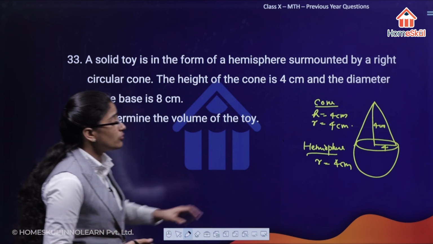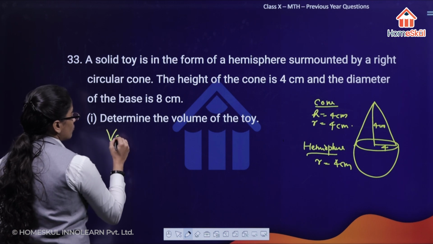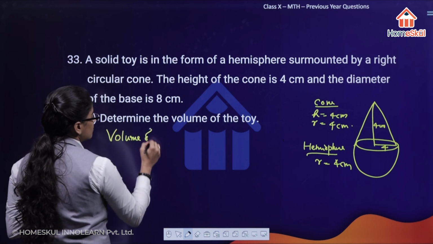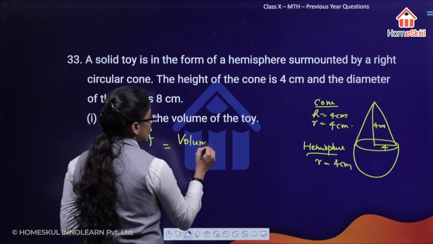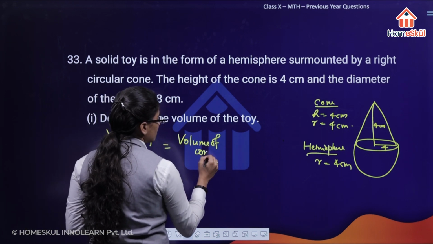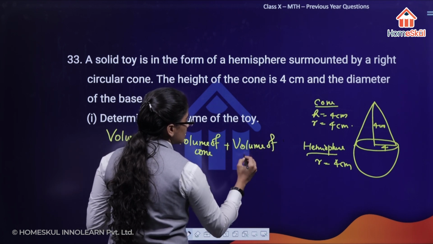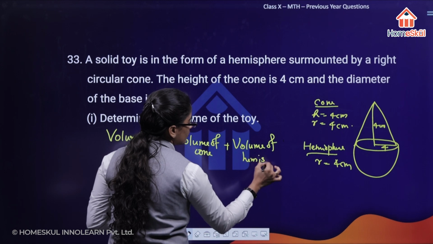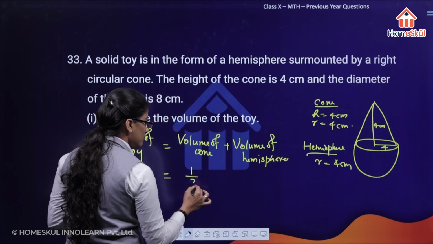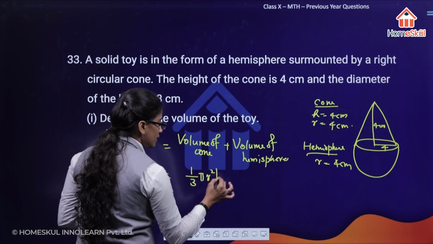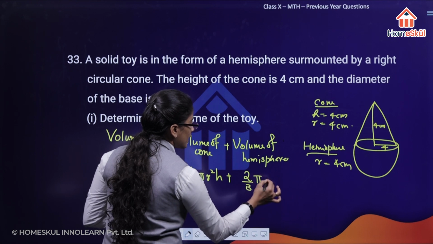We need to find the volume of the toy. Volume of the toy is equal to volume of the cone plus volume of the hemisphere, which is 1 by 3 pi r square h plus 2 by 3 pi r cube.